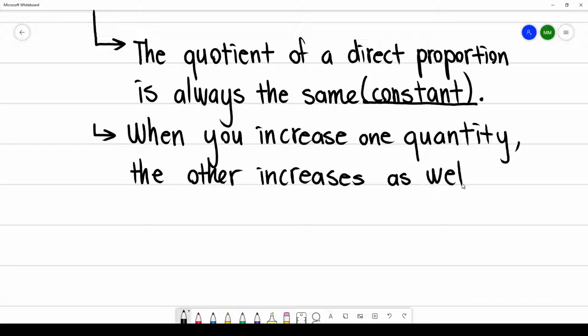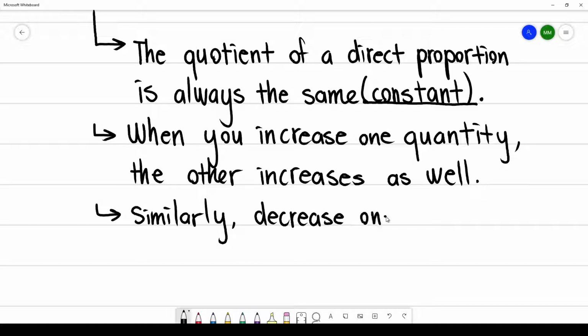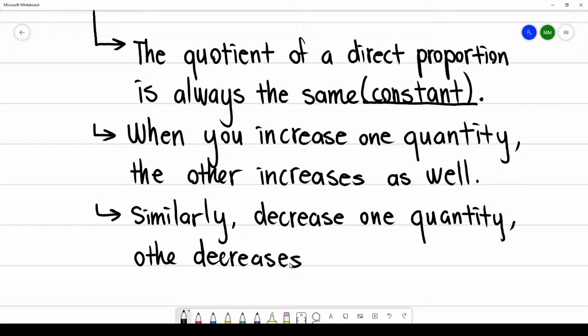And similarly, when you decrease one quantity, the other decreases as well.